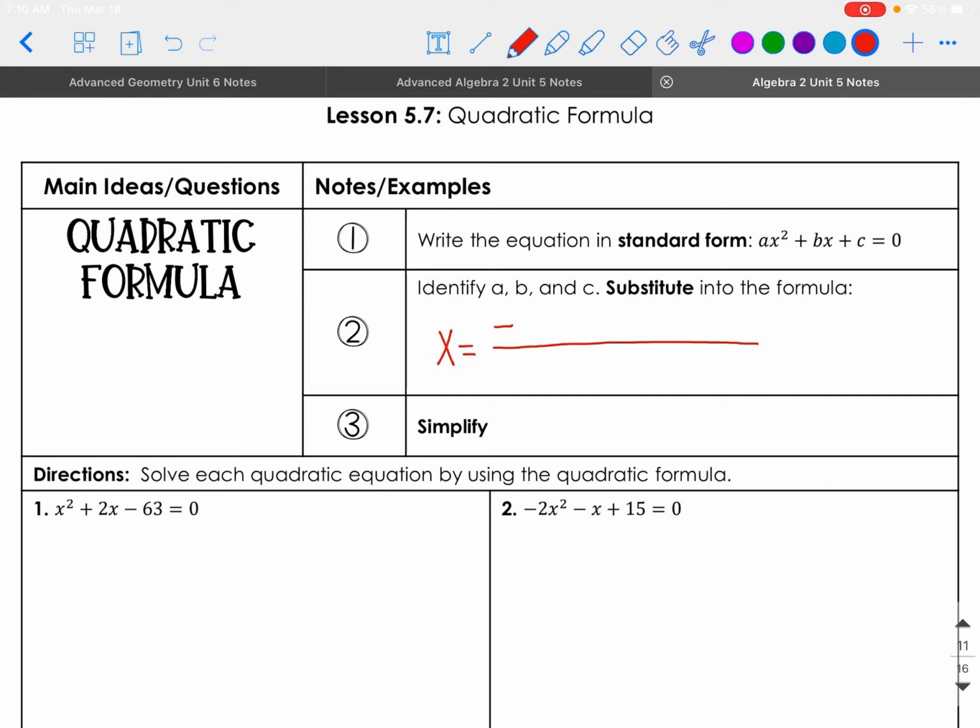On top of the fraction is negative b plus or minus the square root of b squared minus 4ac. That's on the top of the fraction. And on the bottom, 2a. And we're going to get to use our calculator for doing this.